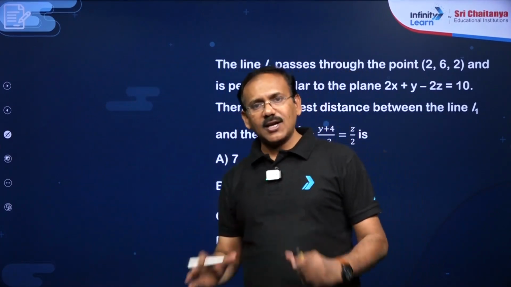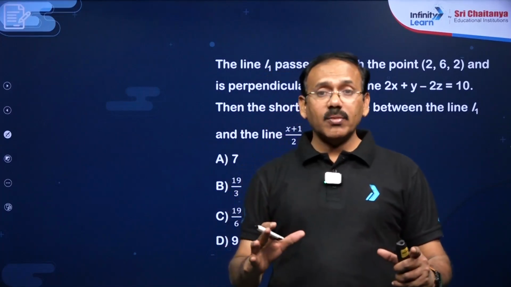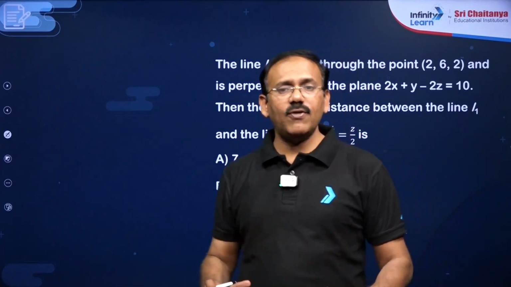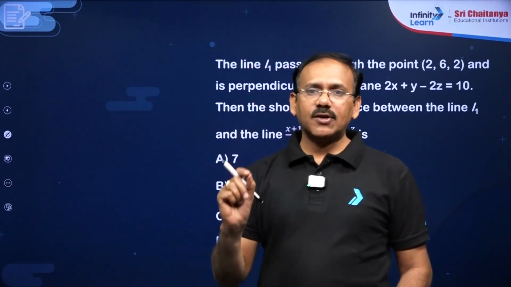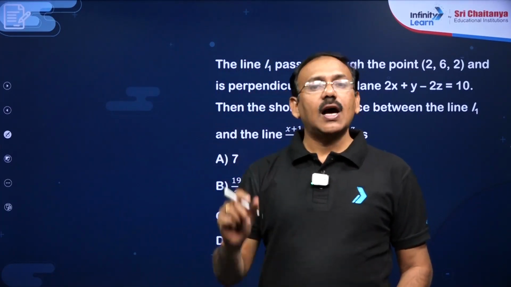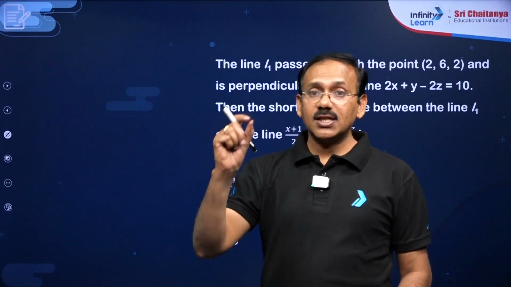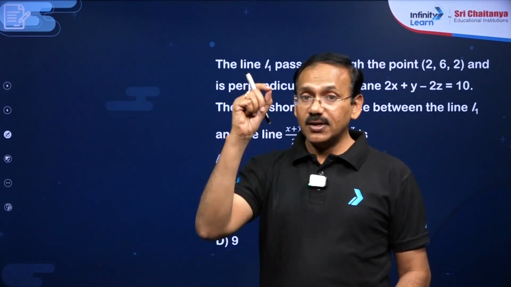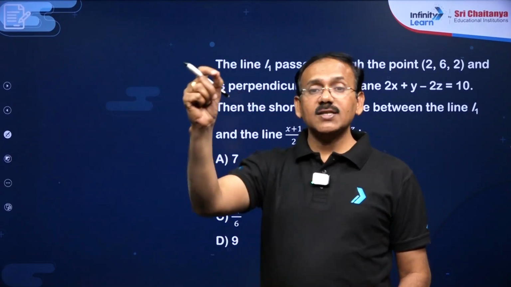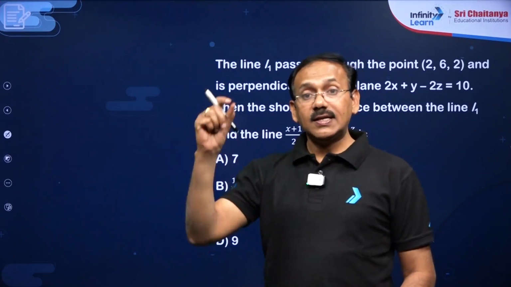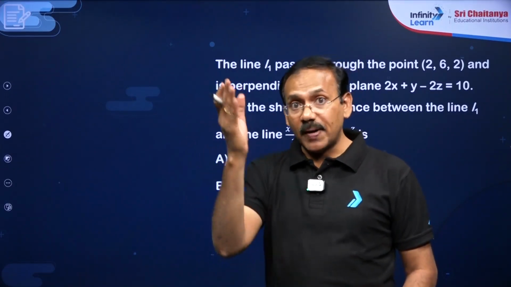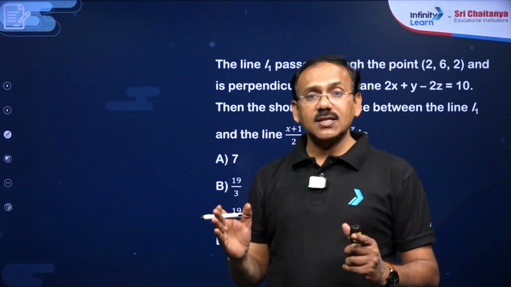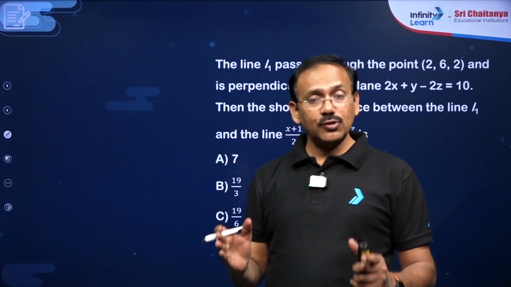So, with this you might have seen, dear students, 3D geometry is not at all difficult. You just need to do some standard cases: how to find the point of intersection of two lines, how to find the foot of the perpendicular from a point to a line, perpendicular distance from a point to a line, image of a point with respect to a line, distance of a point to a line measured parallel to another line, and shortest distance between two skew lines.